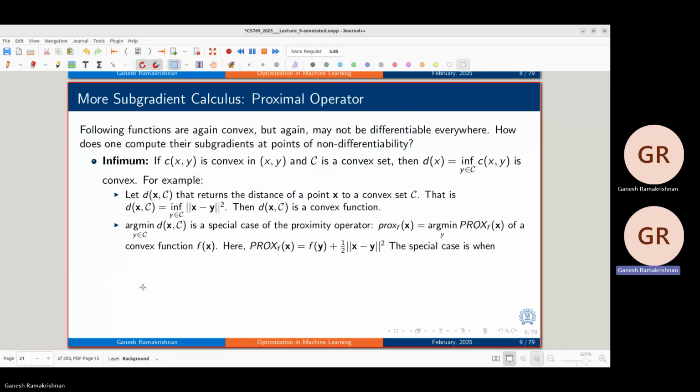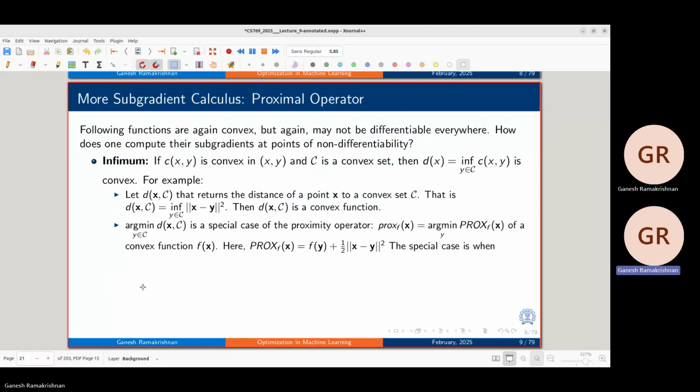A classic example is when c is the norm. Here's an example: d(x,C) returns the distance of a point x to a convex set. Let's show this pictorially. You have a set C, and d(x,C) is the distance of a point x from C. How do you measure this distance? It's measured in terms of another function c(x,y), in this case the Euclidean norm of the distance from x to y.